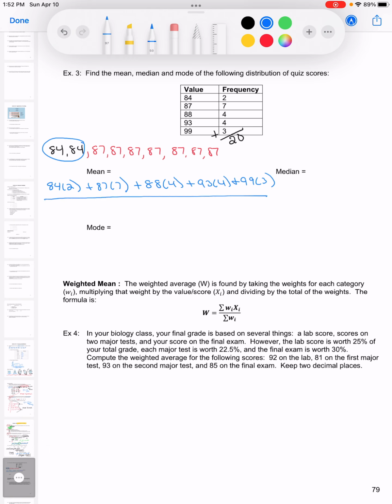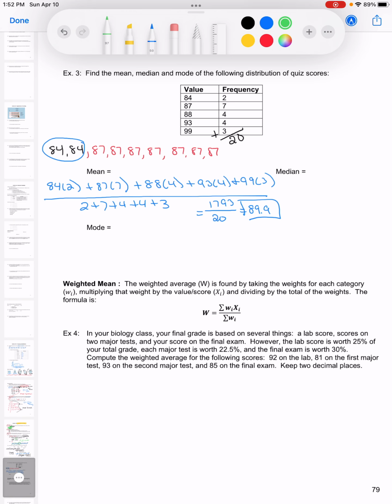On the bottom, I'm going to add those frequencies together. It is 20, so I already told you it was 20, so if you wanted to skip and just write 20, you could. Typing in the numerator gives me 1793, and typing in the denominator, 20, gives me 89.9.